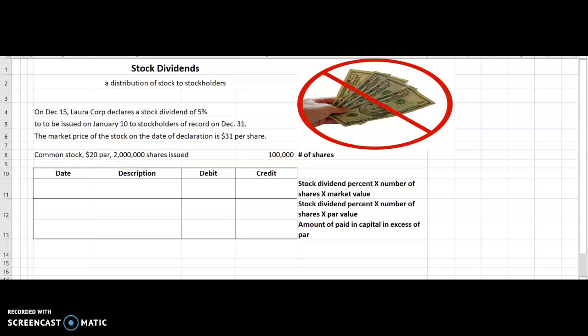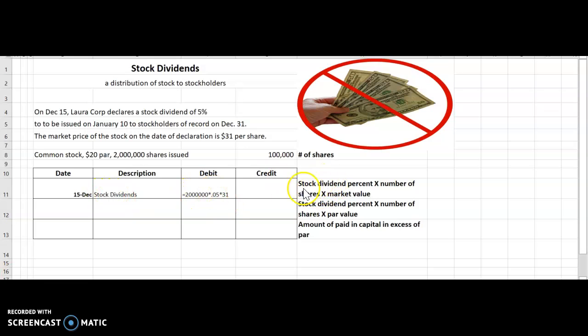On this date of declaration, December 15th, this is when we set up our liability. We're going to debit stock dividends. This is similar to the account you had before called cash dividends, but now we call it stock dividends.